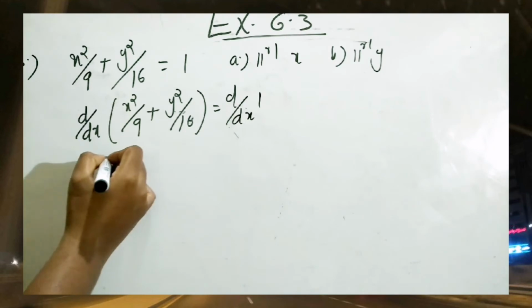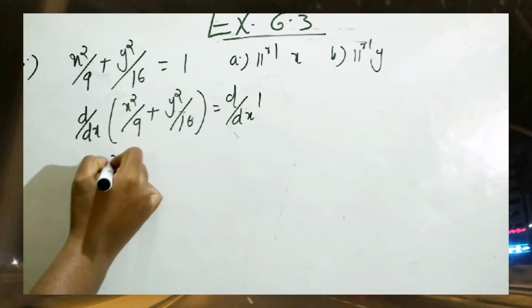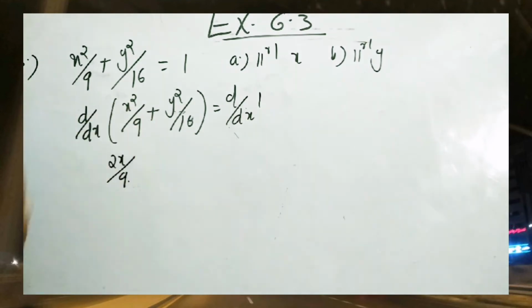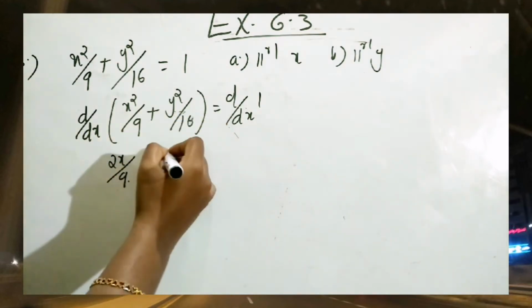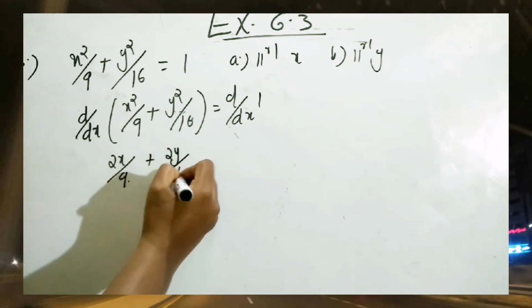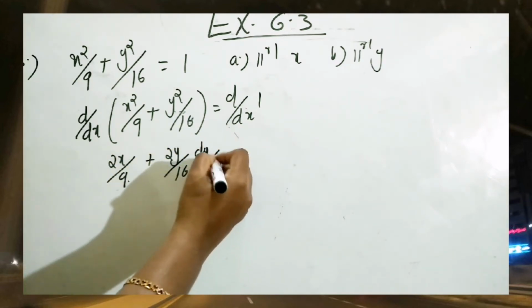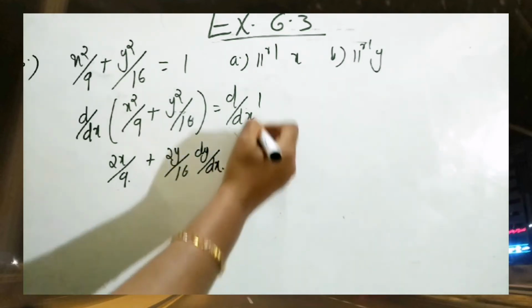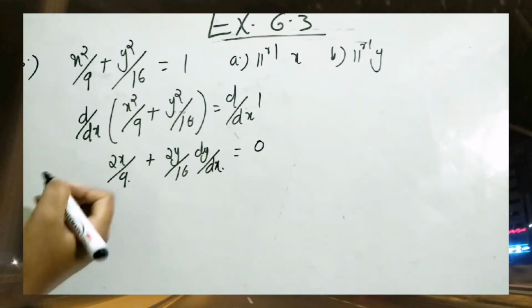The derivative of x square is 2x, and 1 by 9 is constant. So we will have 2x by 9 plus the derivative of y square, which is 2y by 16 into dy by dx. The derivative of y we need to take.